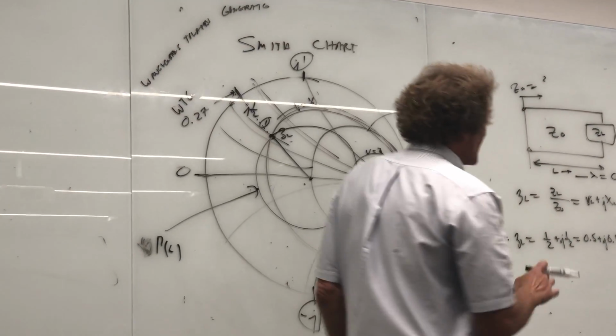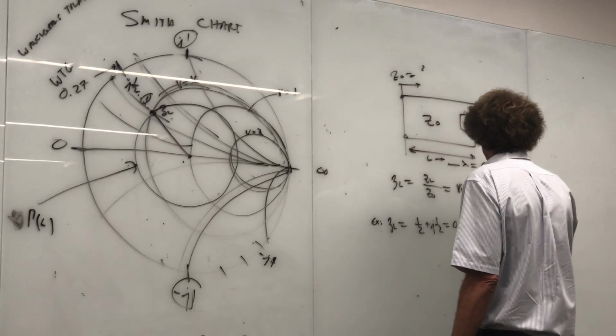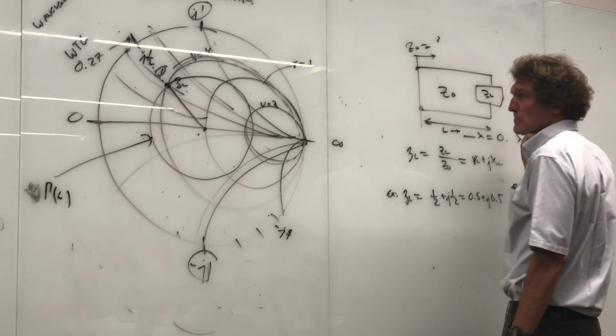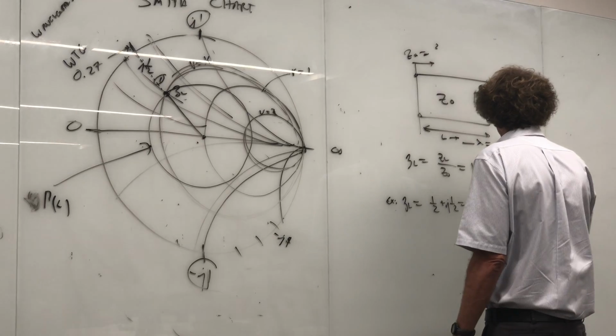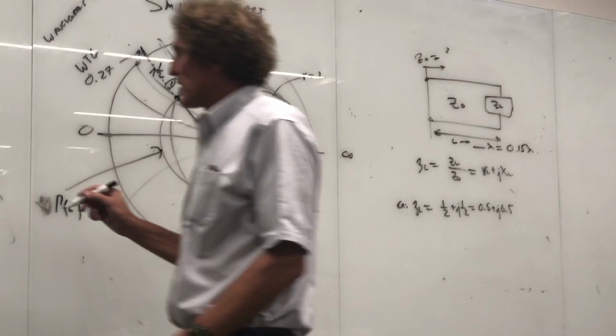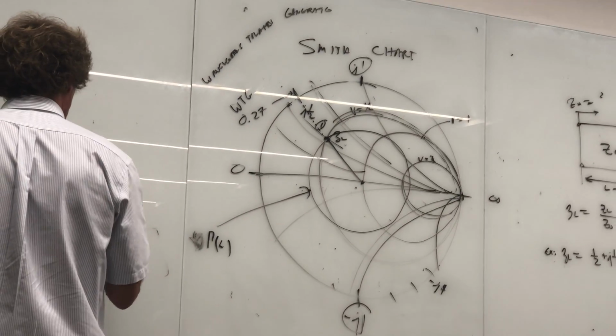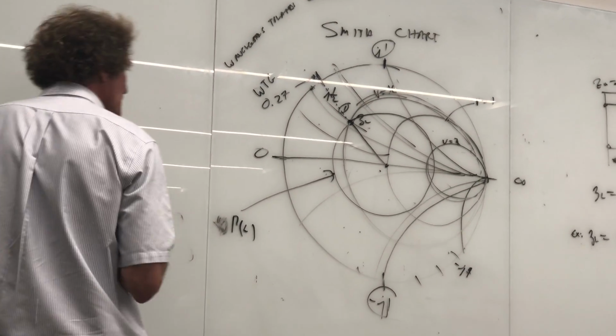Maybe I better pick a better one, because this is an odd one. Let me go 0.15 lambda. So if I add 0.15 lambda to 0.27, that's 0.42 lambda, right?